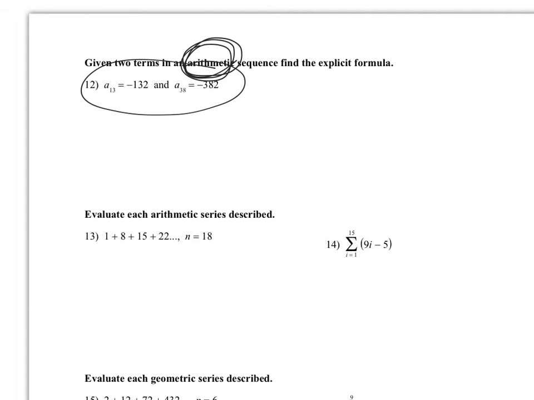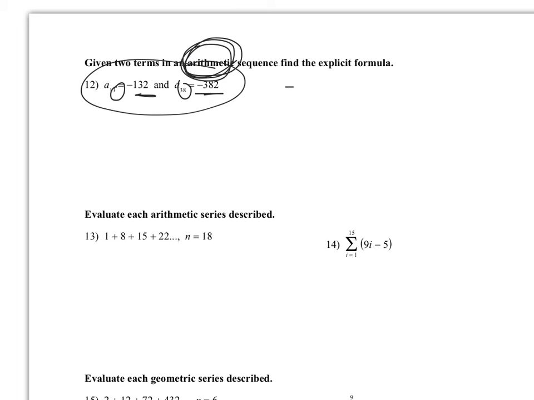Now, if it's linear, that means there's a slope. The slope is the change in y divided by the change in x, if you want to think about input versus output, or x's and y's. In the case of functions, the 13 and the 38 would be the x's. The negative 132 and the negative 382 would be like the y values.